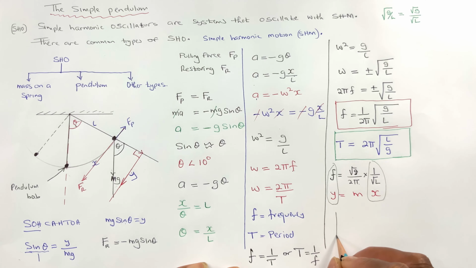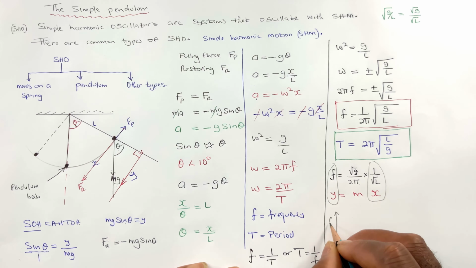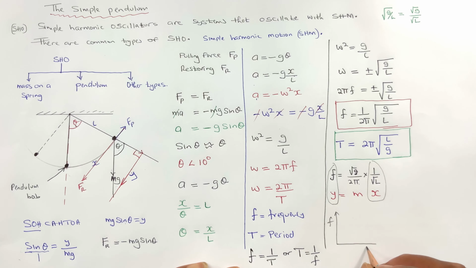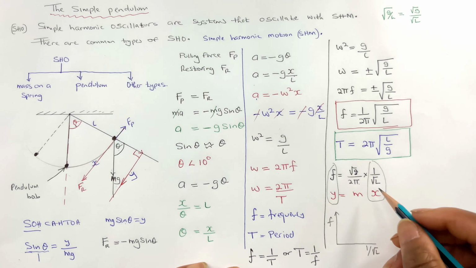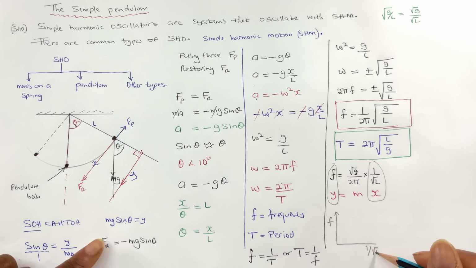So what that entails is that you draw a graph and plot frequency against 1 over root L, whereby you're changing the length here.